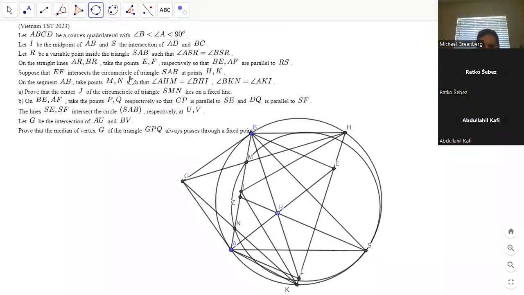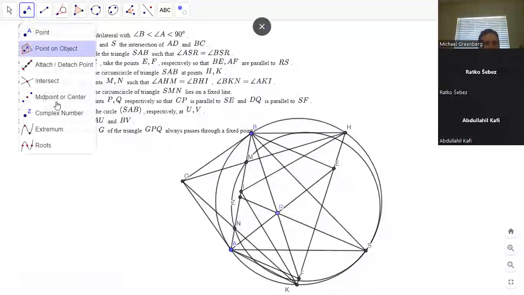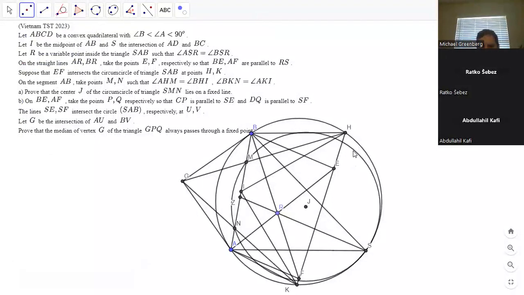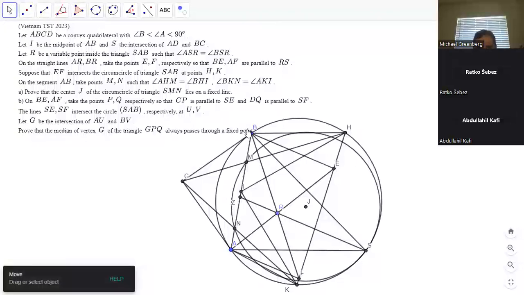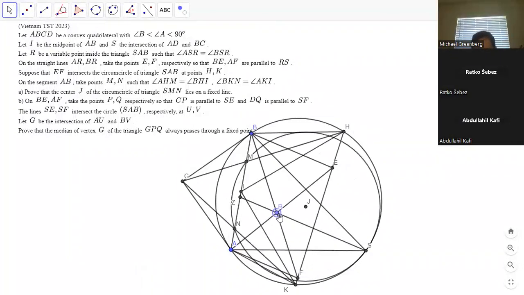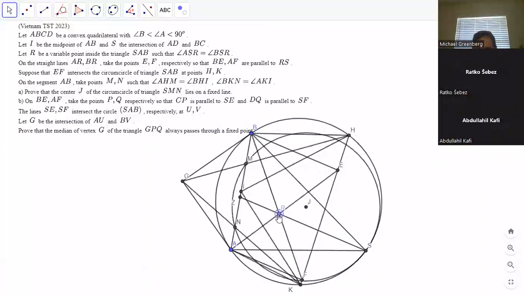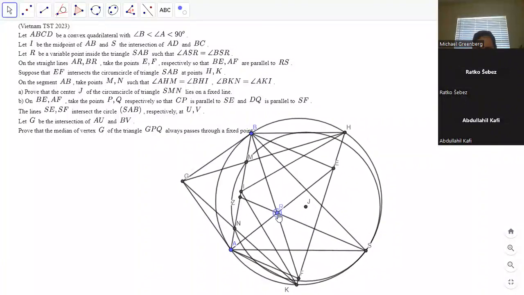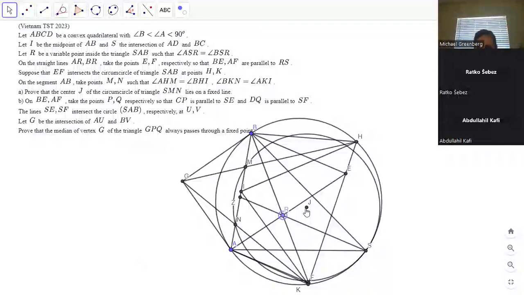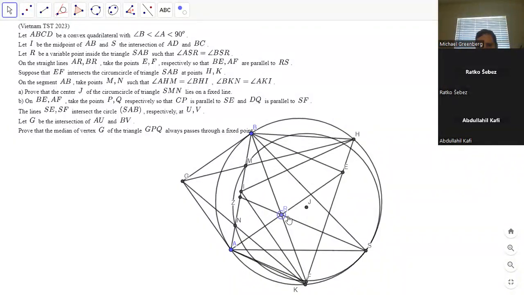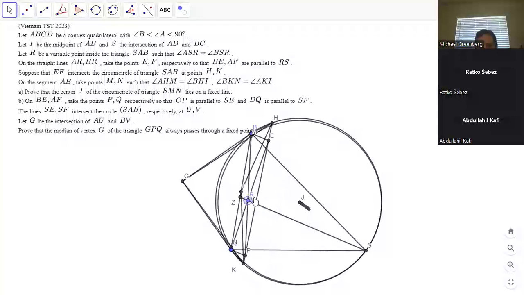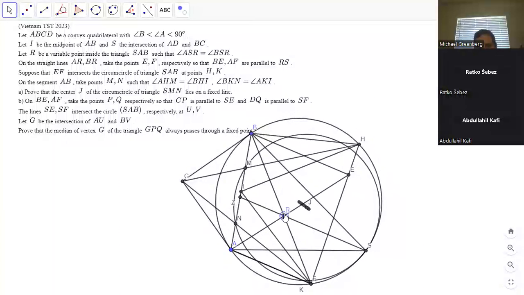And I wonder if those circles are tangent, because I think there's some other intersection point. Maybe they are tangent. So we could check. It looks like the circle stays not the same circle. It's like a line. Is it parallel to S?